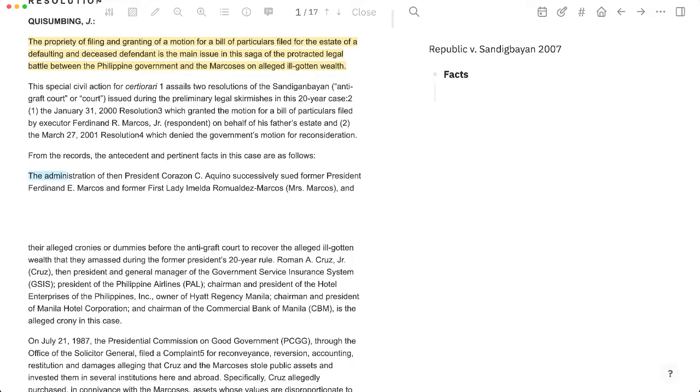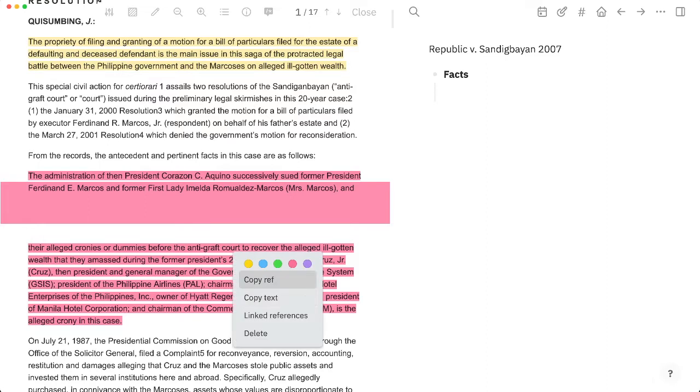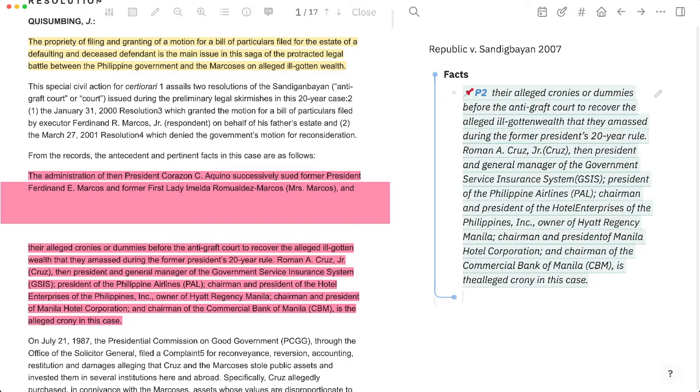So, I'm going to copy this first. I think color this one pink. I'm going to copy the reference. Oh, at meron dito sa taas.